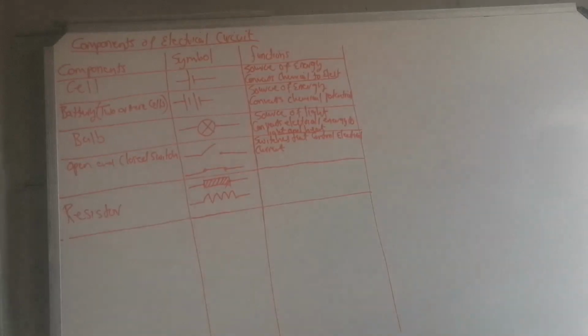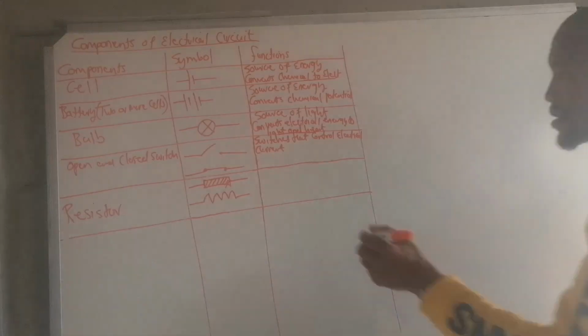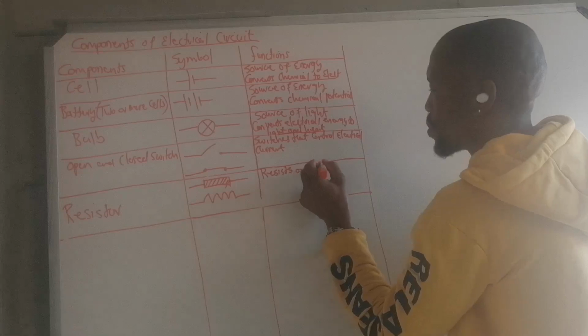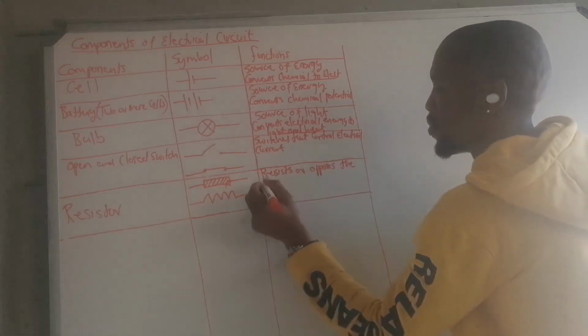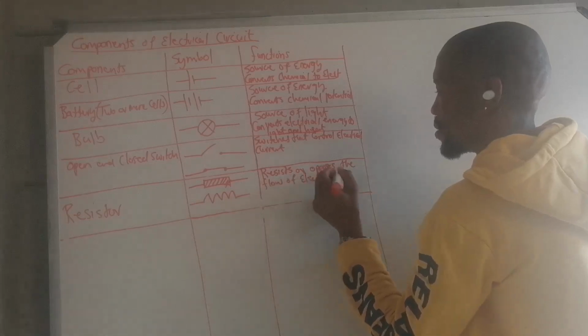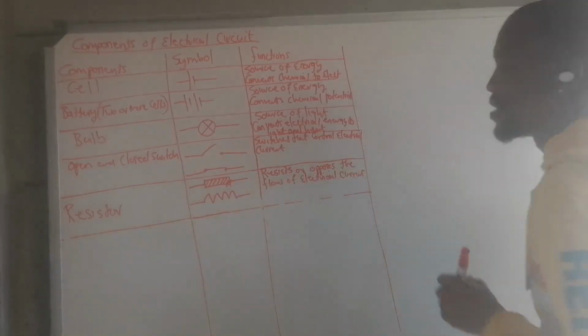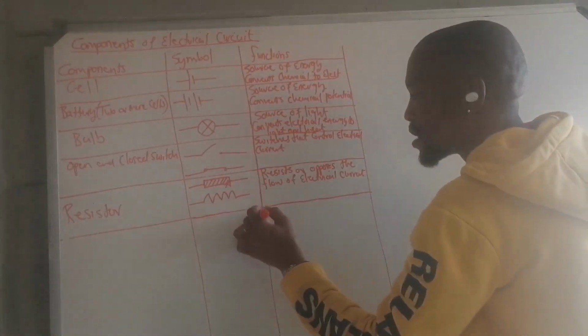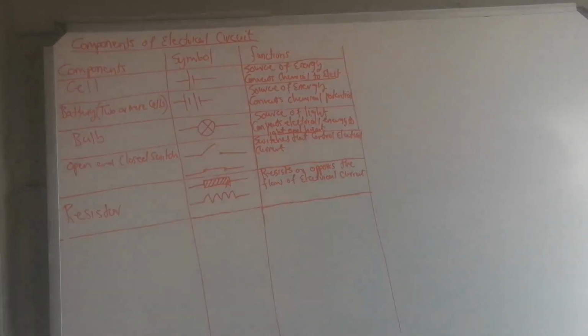So we say that a resistor resists or opposes the flow of electrical current. Sometimes we use a resistor to limit the amount of current that flows into a particular component of interest. But for now we will just say it resists or opposes the flow of electrical current.